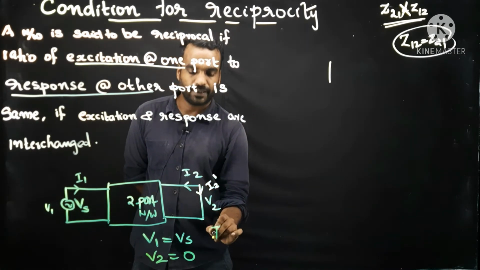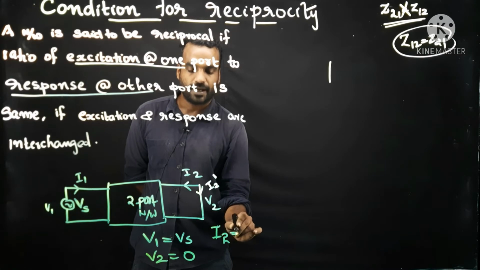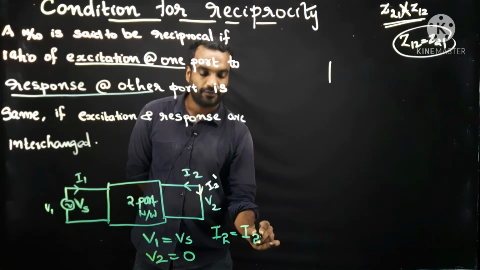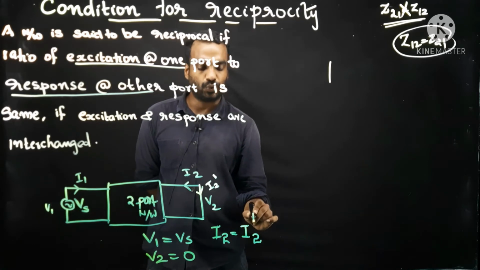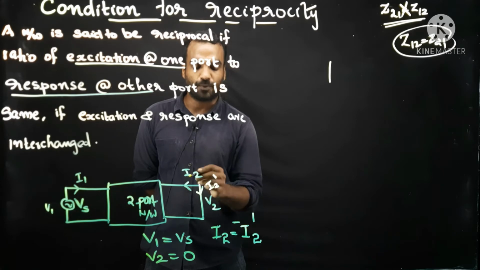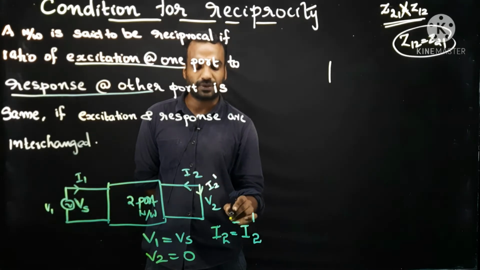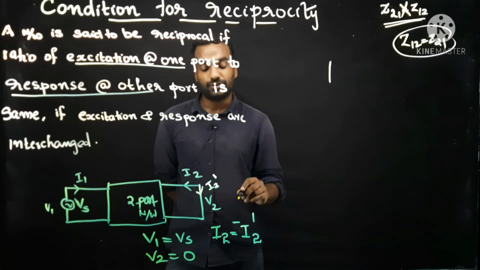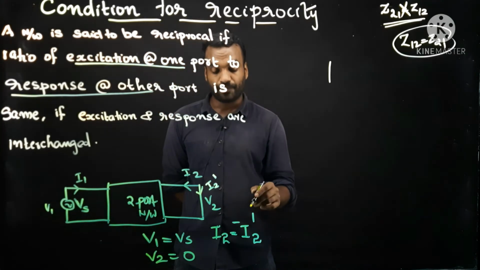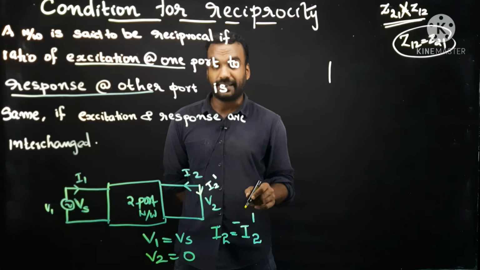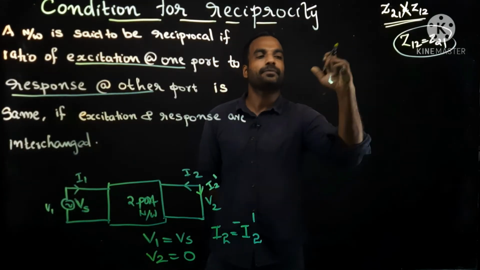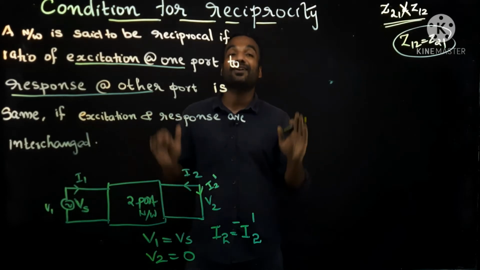But what will be I2? I2 is flowing in the opposite direction with the name I2 dash, so you have to take it as negative. That's why I am taking it as I2 dash. Is it okay?